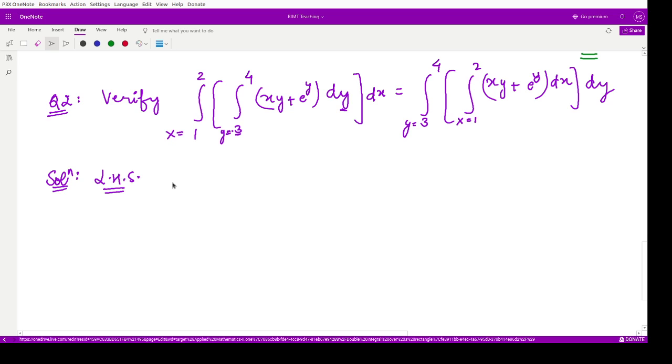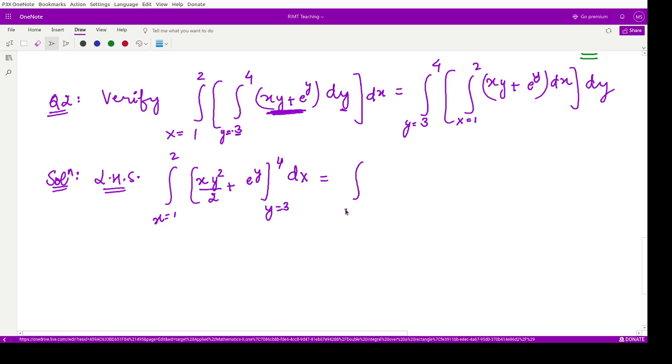So what would be the left hand side? It would be the integration with x varying from 1 to 2, and its integration with respect to y first. So we'll keep x as constant. So it would be x into y square by 2 plus e to the power y, and the limits, y varies from 3 to 4, dx as such.